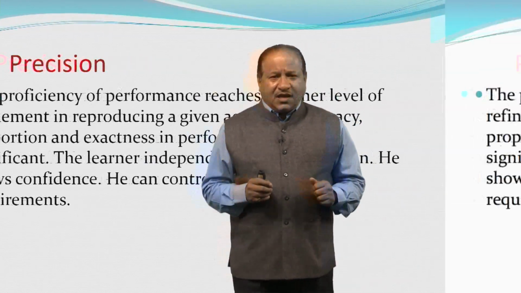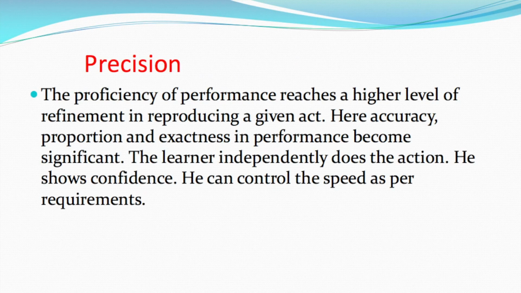The learner tries to do the action on his own, independently. When the learner feels that I am doing this on my own, confidence takes place very well and the level of confidence is raised.